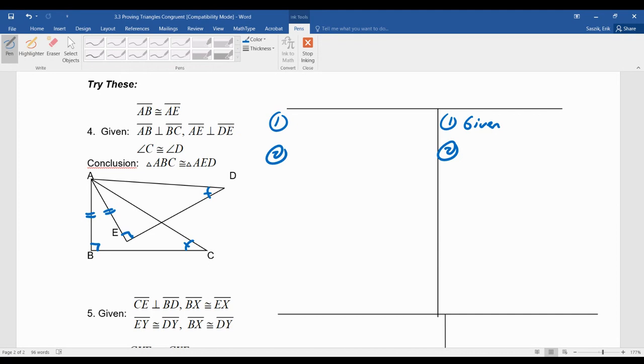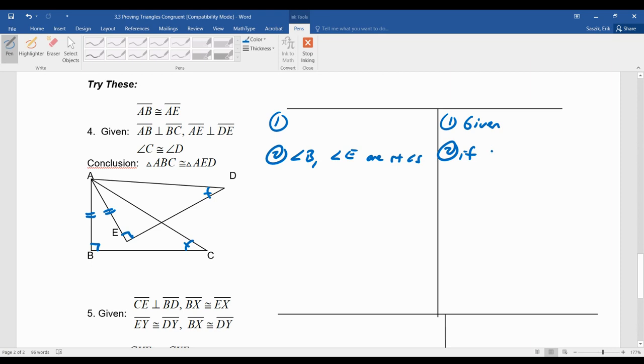I see I wrote, catch up to the tick marks. This was stated, but these angles here were not stated explicitly. So I have to say that angle B, comma, angle E are right angles.